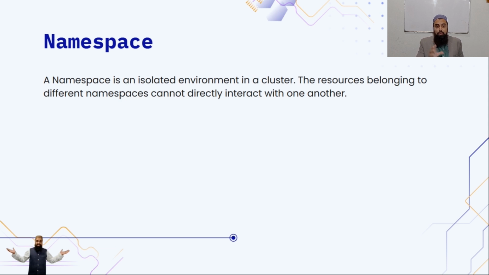So if I want to make it more simple for you guys, for instance, if I have two namespaces, namespace A and namespace B. When I create pods or resources in namespace A, these resources or pods cannot be accessed by namespace B. If I am using namespace B, I would not be able to see the pods and resources of namespace A. And similarly, I cannot see the resources and pods of namespace B in namespace A. So namespace B will have its own pods, its own deployment, its own service or ingress.